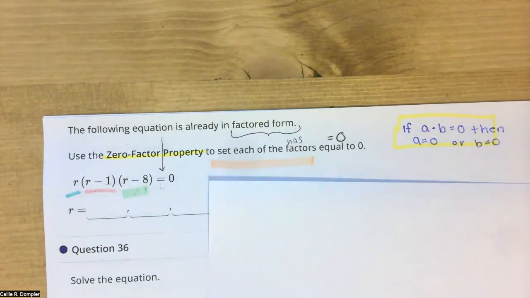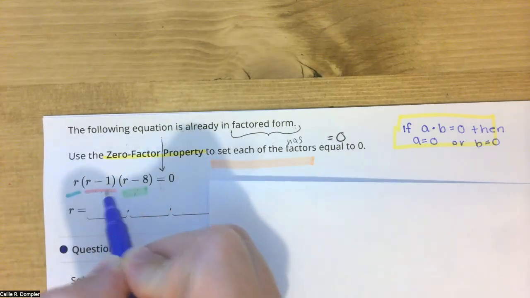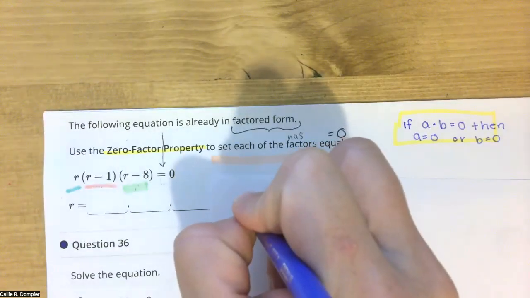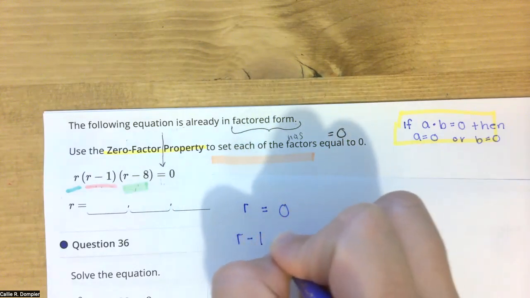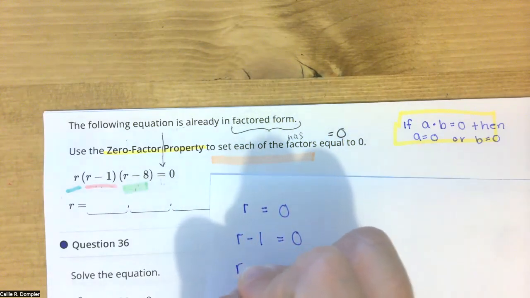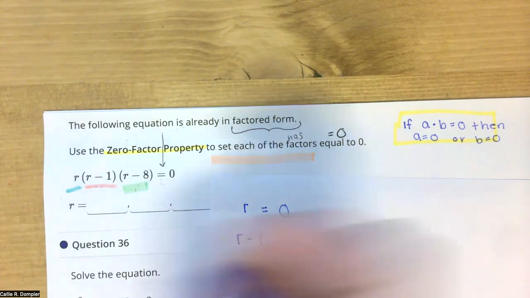That's the zero factor property. Good. So use that rule to set each of the factors equal to 0. This is a factor, this is a factor, and this is a factor. Set that factor equal to 0. Set that factor equal to 0. Set that factor equal to 0.